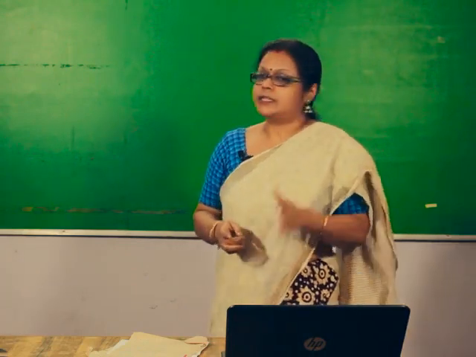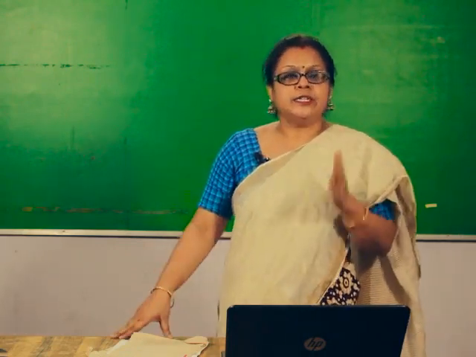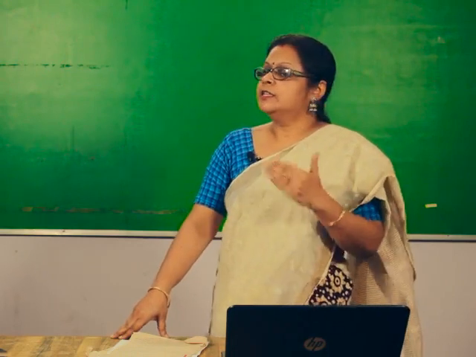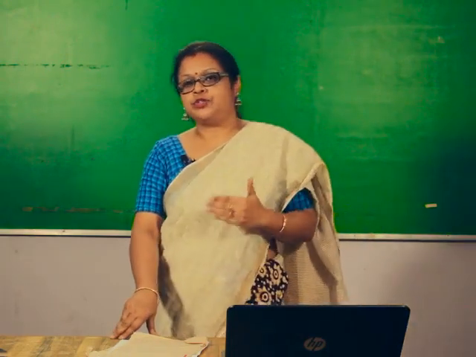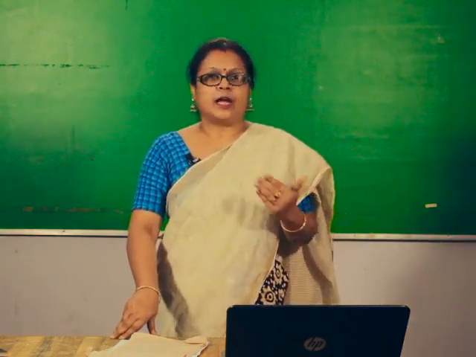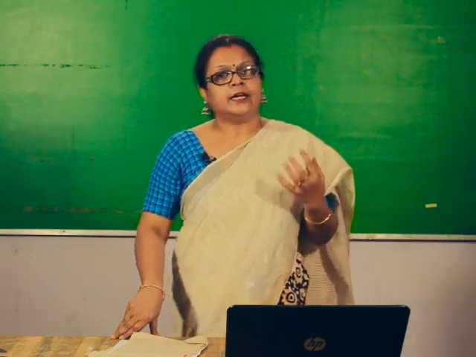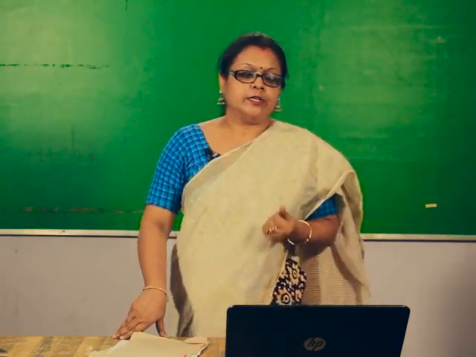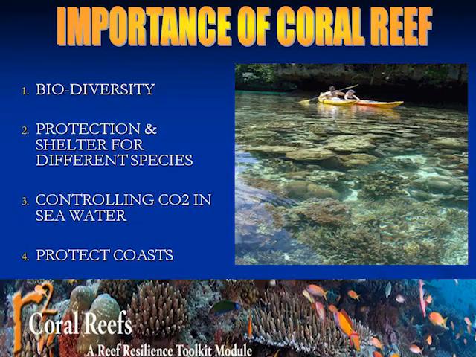Obviously, as it is important, as the trees are important in our aerial mode of life, obviously this group of animals associated with the plants are very important in the total livelihood of our earth. Now, first of all, they provide the intense biodiversity that is found in the sea water.